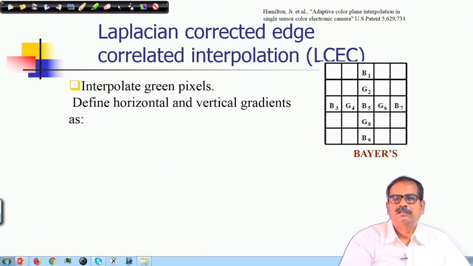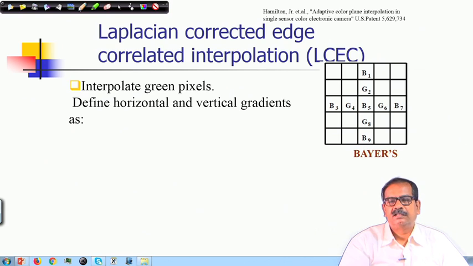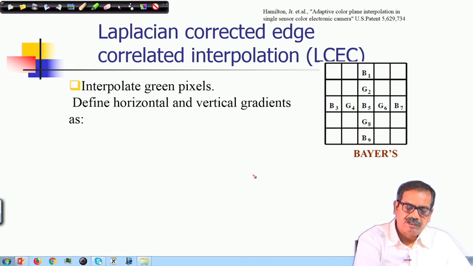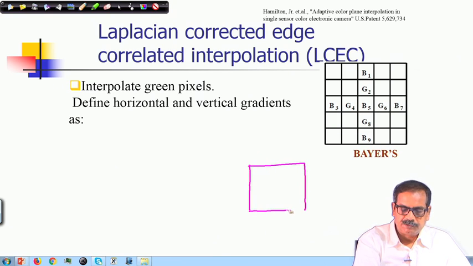This is very commonly used: when you interpolate the pixels, you should interpolate along the directions of the least gradient, particularly when you have edges. Let me give you an example through sketches.